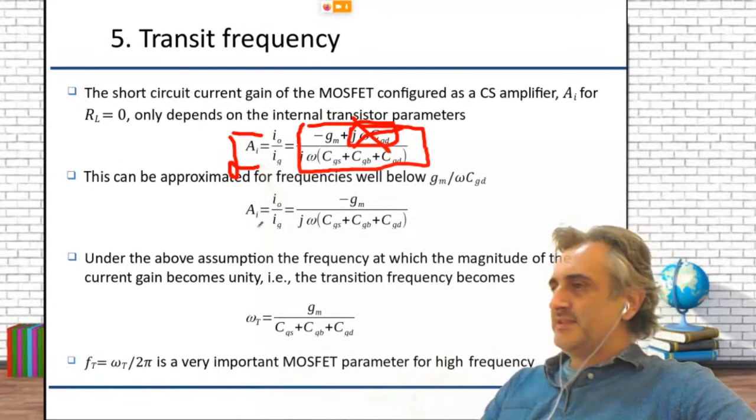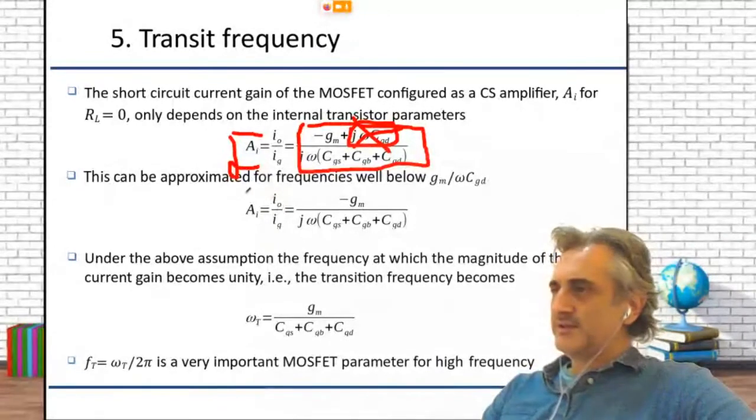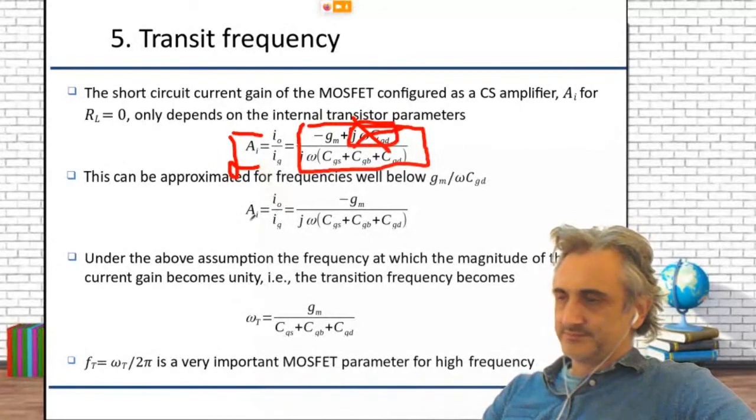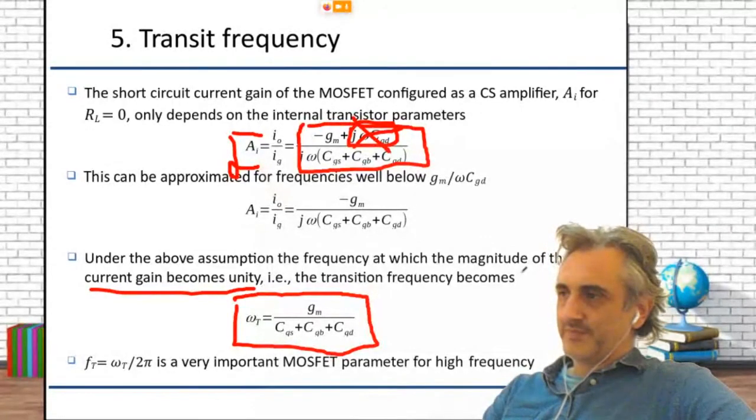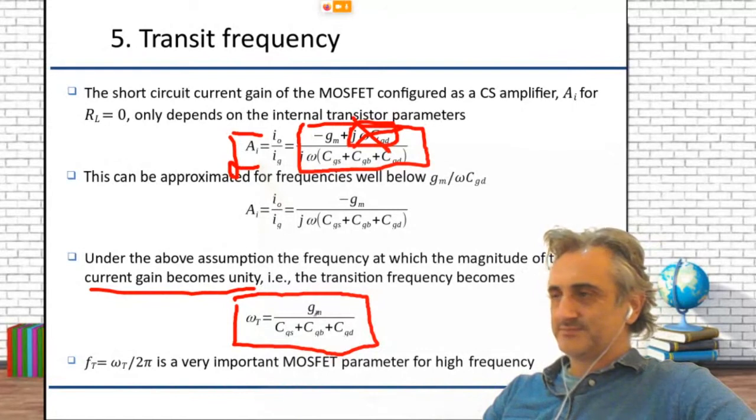What we look for is when the current gain is 1. At this current gain, we get that this happens at this frequency, which is basically the addition of the capacitors divided by the transconductance.